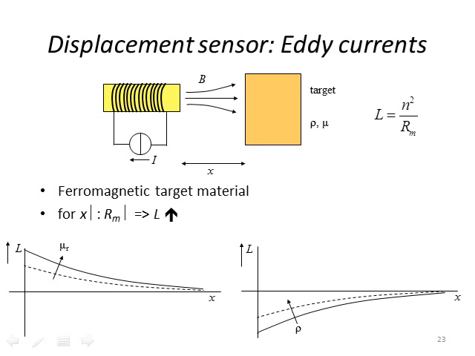So we want low conductivity and high permeability, so that the readout signal that we get increases with a closer distance.